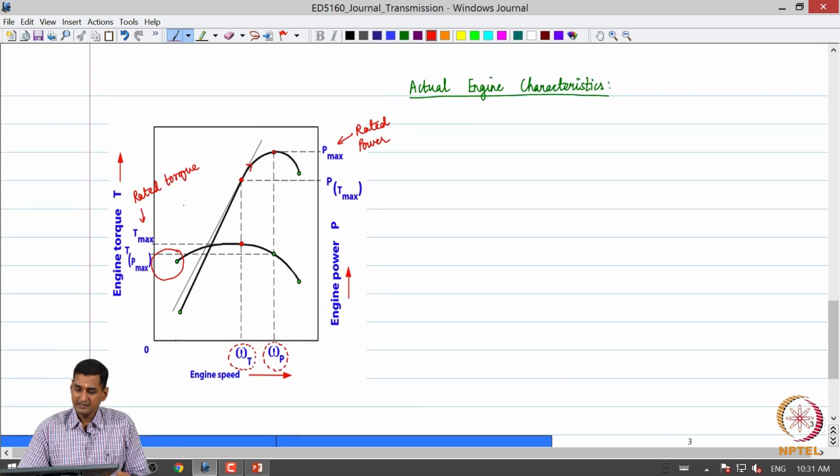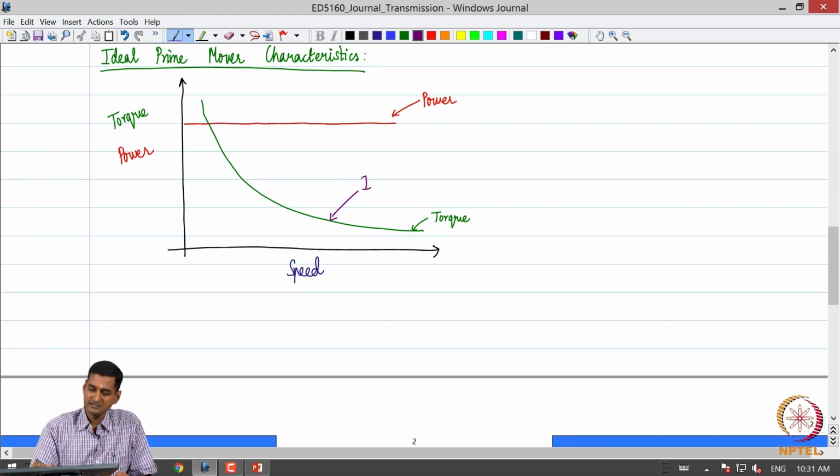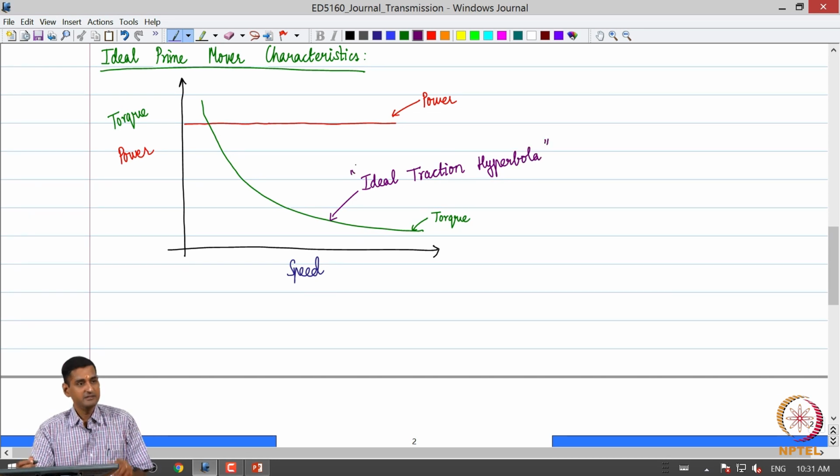So, what did we require? We wanted a shape in the form of a hyperbola. This hyperbola is what is called an ideal traction hyperbola. This sort of characteristic, where the power is constant and the torque behaves like a hyperbola, is what is called an ideal traction hyperbola.